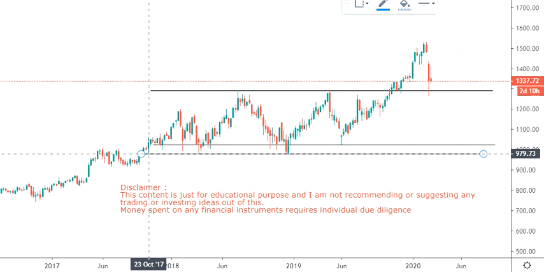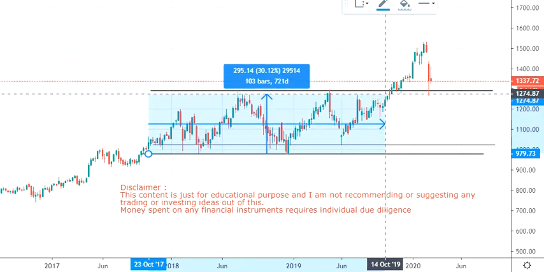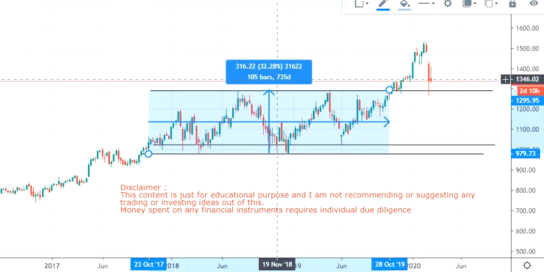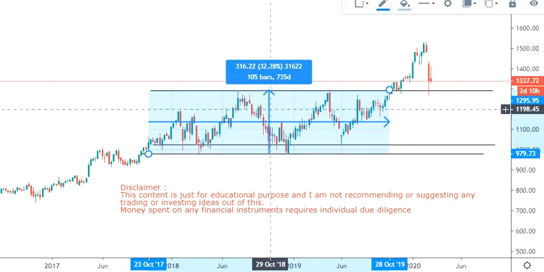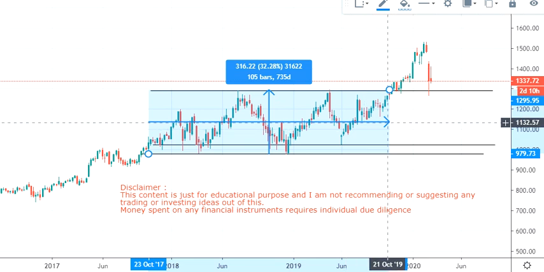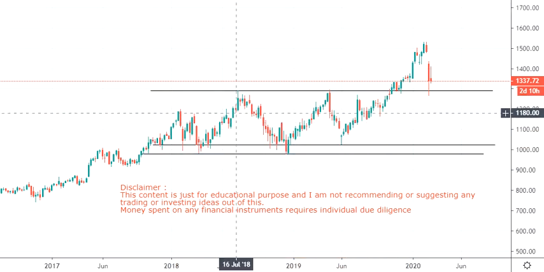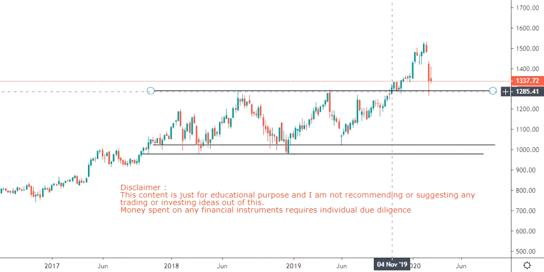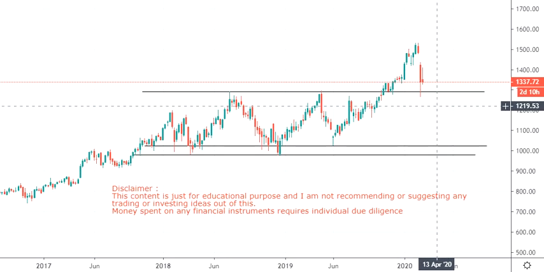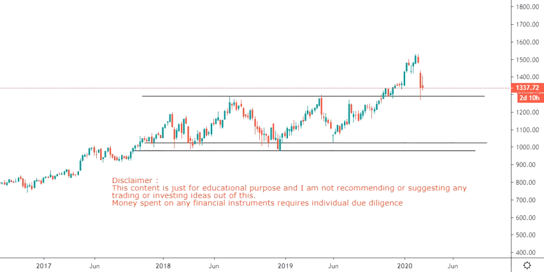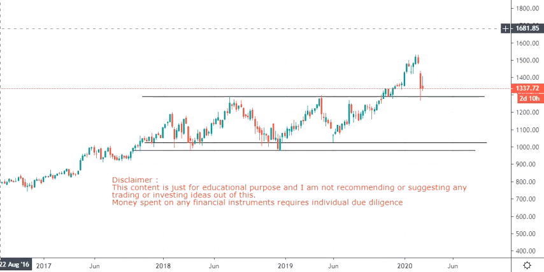If I do time analysis, you can see 735 odd days, or a range of 105 bars, in which it has spent time. It broke out in November 2019, and after that it corrected and took support at that resistance line, which has now become a support line for Google.